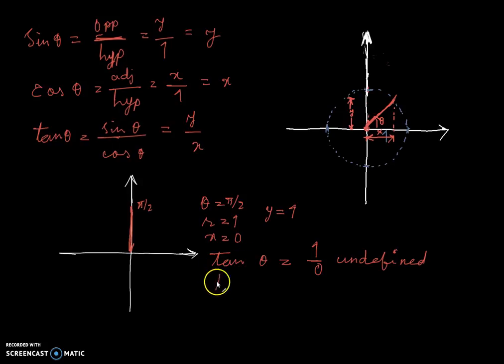So you can write that tan pi by 2 is undefined, because it's not possible to divide by 0. So that's what I mean by a trigonometric ratio being undefined.